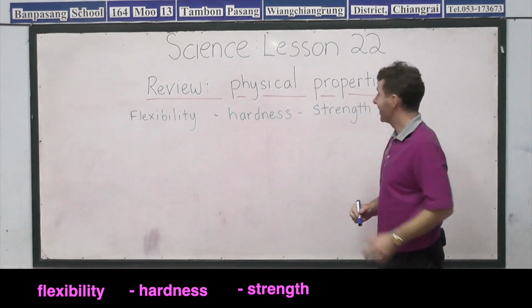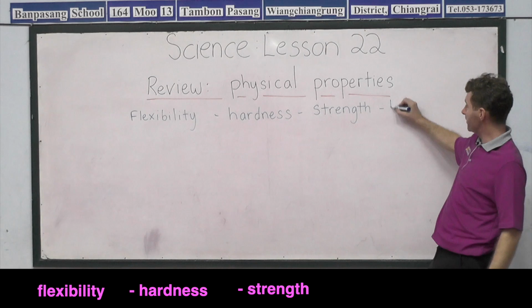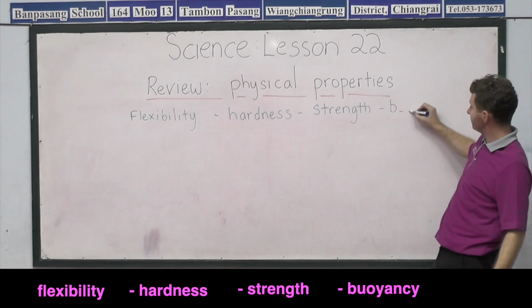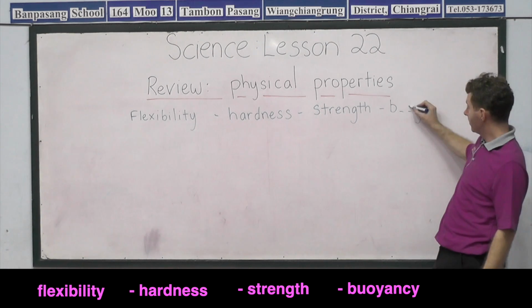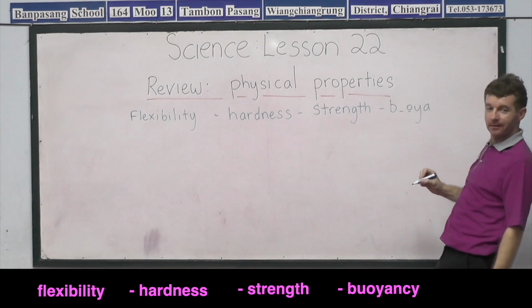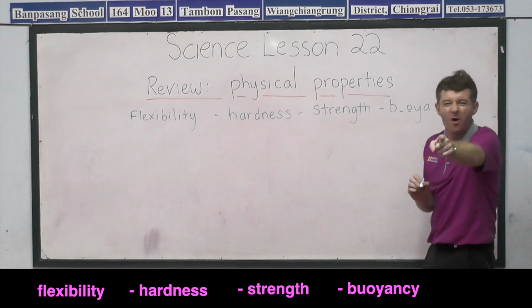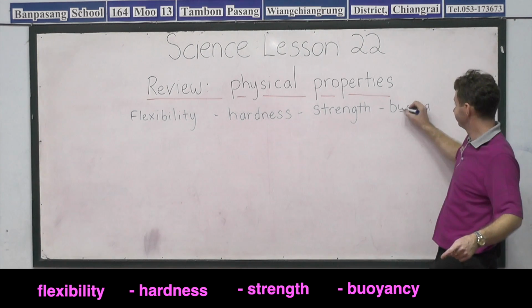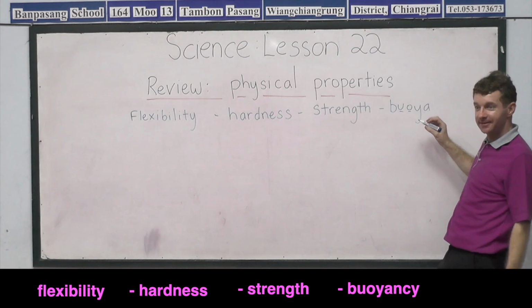Okay then. How do we spell buoyancy? B. Y. Okay, we have Y. A? No, there's no W, but it sounds like W. Buoyancy.